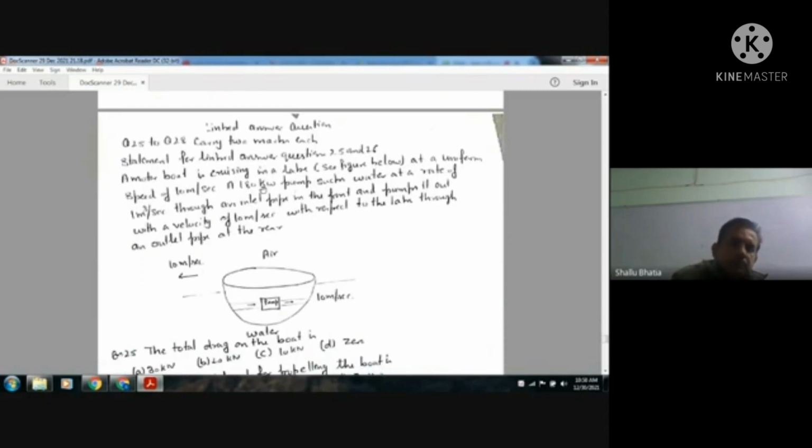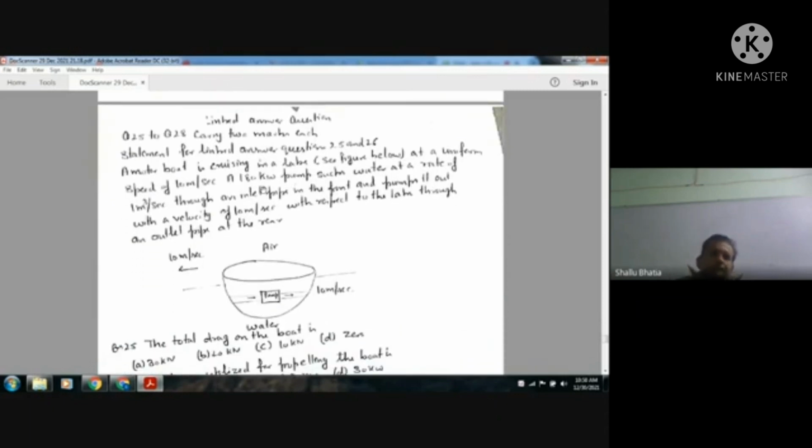Next, linked answer questions 25 to 28 carry 2 marks each. The statement for linked answer questions 25 and 26: a motorboat is cruising in a lake, see the figure below, at a uniform speed of 10 meter per second.